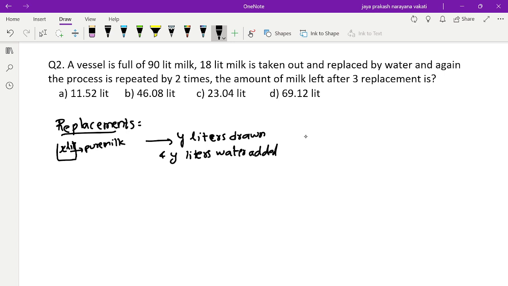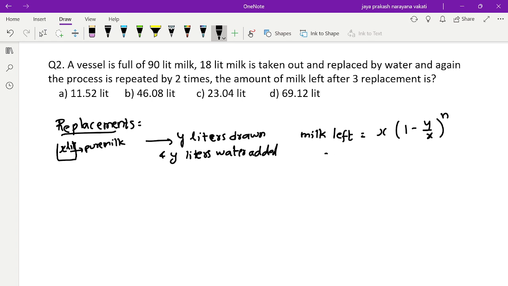Now, how much amount of milk left? So milk or pure liquid left will be, in this way, x into 1 minus y by x whole power n.